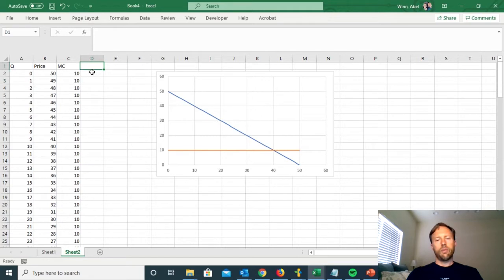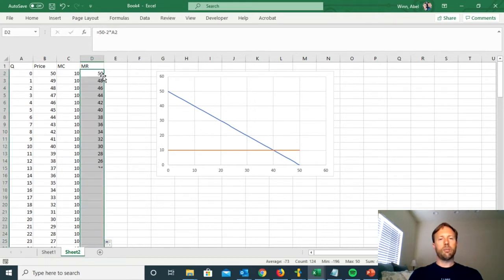Now, don't forget, we also need to know our marginal revenue curve. And the marginal revenue curve always starts at the same place as the demand curve, and it drops twice as quickly. So if demand is given by 50 minus Q, 50 in this case minus 0, 50 minus 1, marginal revenue starts at the same place, 50, minus 2 times whatever is in the quantity column.